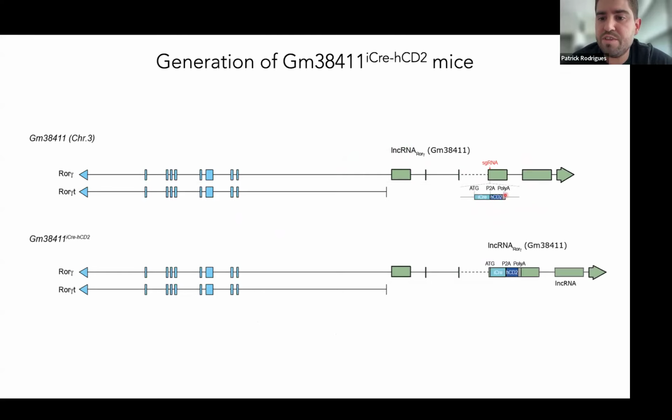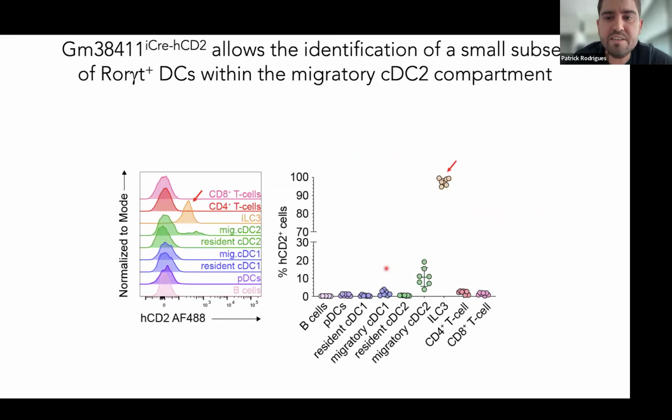We are hoping that with this reporter mouse, human CD2 expression would give us an indication of the actual Rorg-T expression. And indeed, when we analyze the small intestine lamina propria as well as the mesenteric lymph node and look for human CD2 positive cells, which is basically the surrogate marker or reporter construct for GM38411, you can clearly see that the ILC3 compartment highly expresses human CD2.